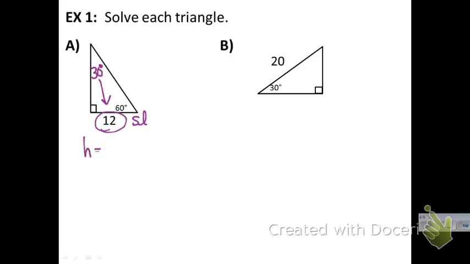And our short leg in this case is 12 times 2 gives us 24. So our hypotenuse is 24. The second formula says the long leg is equal to the short leg, and our short leg here is 12 times root 3. So we get 12 root 3 as our long leg.